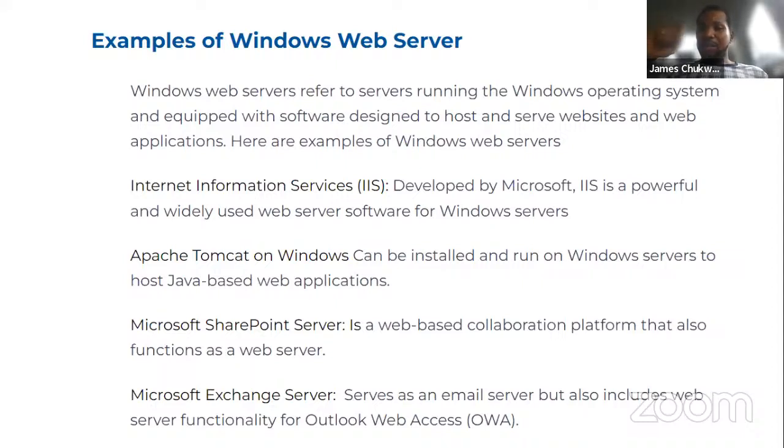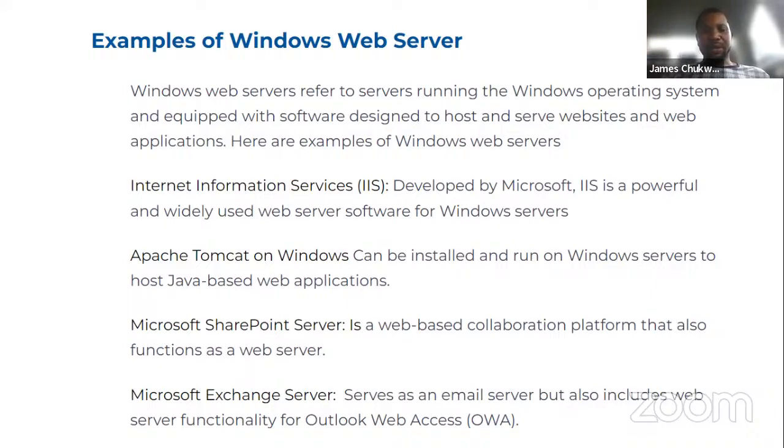Let's not forget the keyword here: Apache Tomcat also hosts web applications, especially those built with Java technologies. So when we say they run on Windows servers, they are hosting web applications, specifically web applications running on Java technologies.